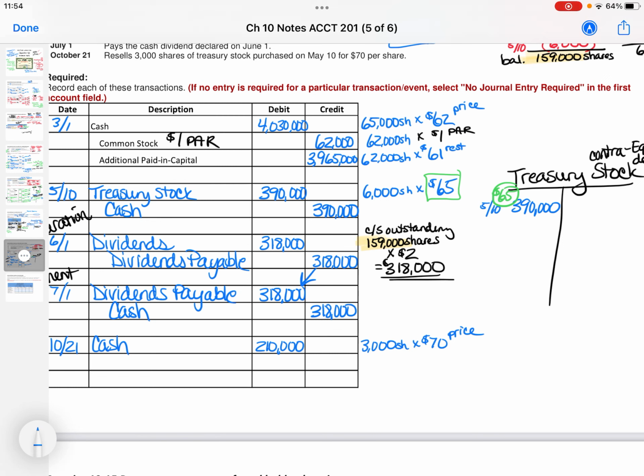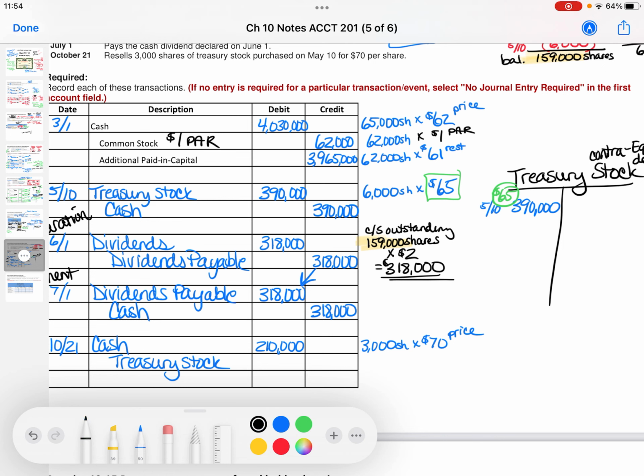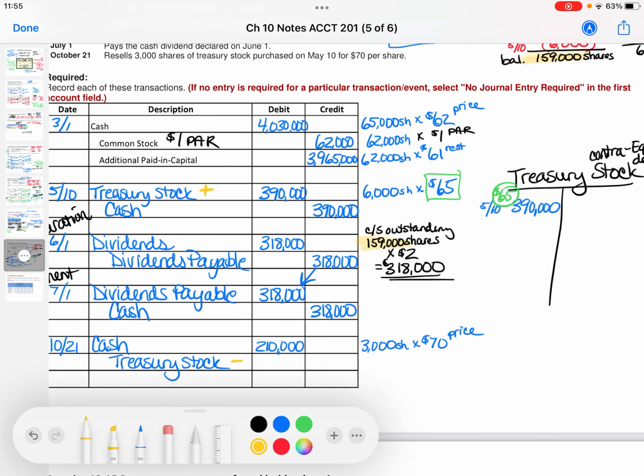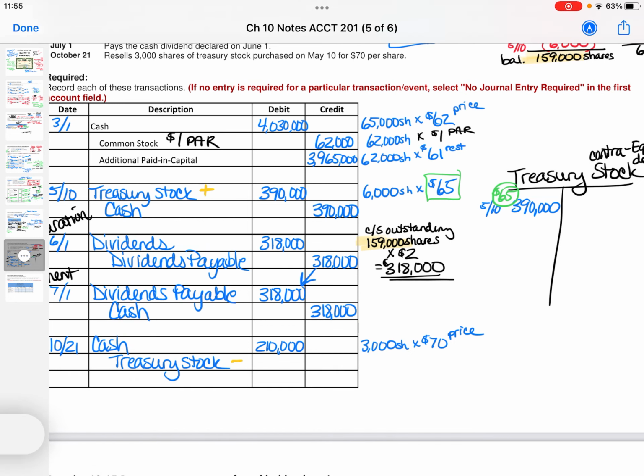That's the cash received. Now, what I want to do is credit treasury stock, because when I credit treasury stock, that actually reduces this account, right? We increase this account up here on May 10th, and now we're going to decrease it on October 21st. My problem is I cannot multiply this by the sales price.